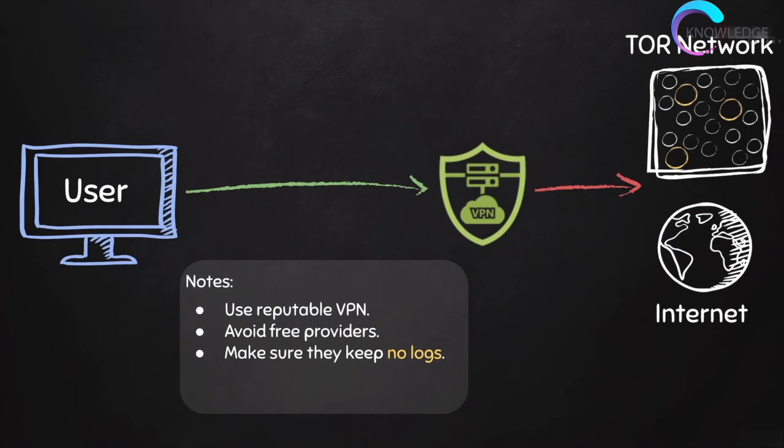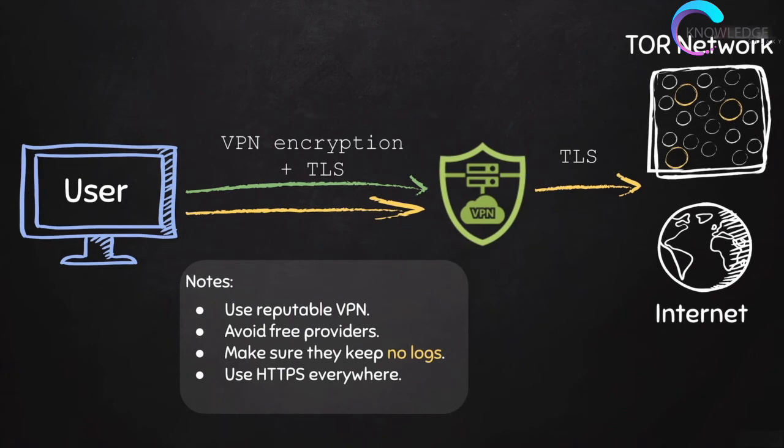And with keeping all of these things in mind, with picking a reputable provider, avoid free ones, and make sure that they keep no logs, also use HTTPS everywhere. This really solves the problem of having a VPN here. Even if you trust them, even if you think this company will never do anything bad, will never keep logs and analyze your traffic, when you use HTTPS everywhere, you're adding another layer of encryption. So your connection between you and the VPN provider will be secured by two layers of encryption.